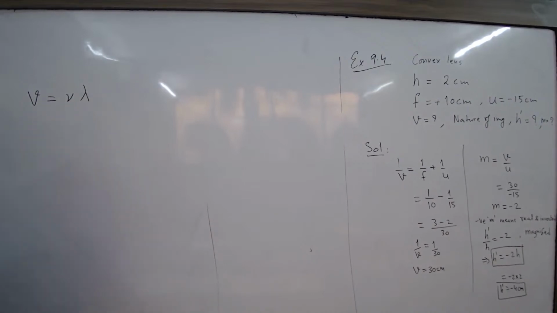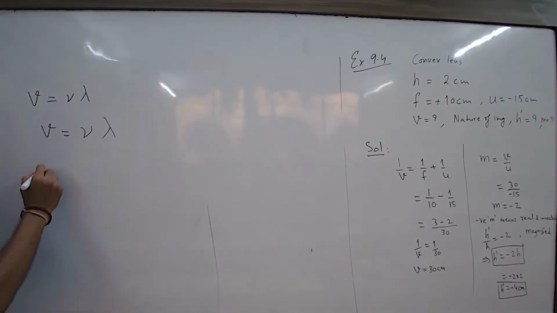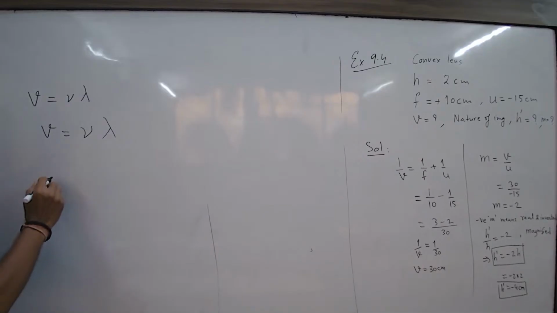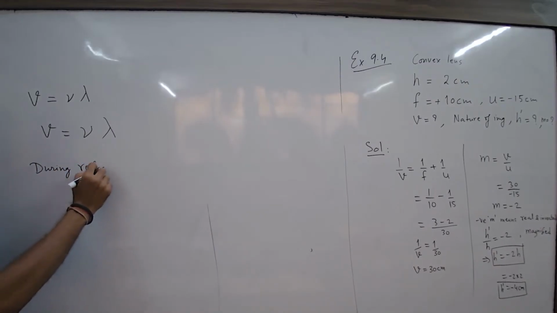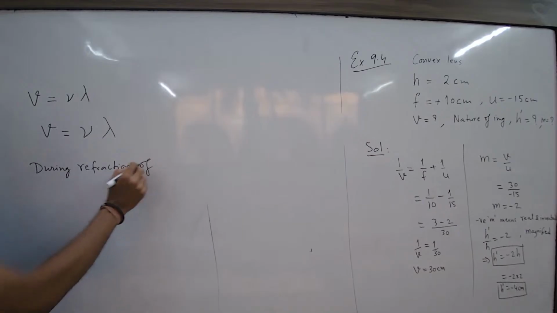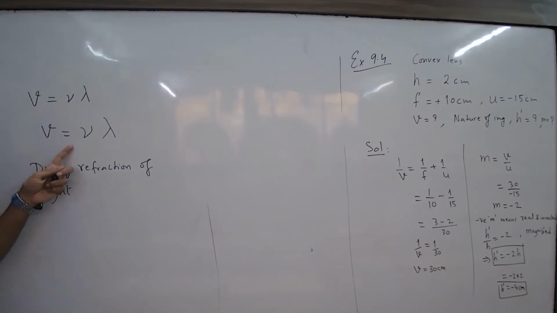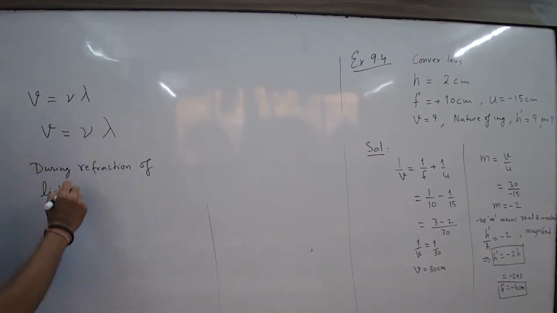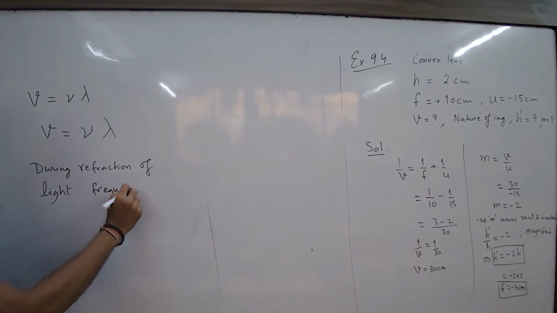For any wave, this formula is applicable. So for C also, velocity of light, right? So during refraction, frequency remains constant, because it depends on the source.